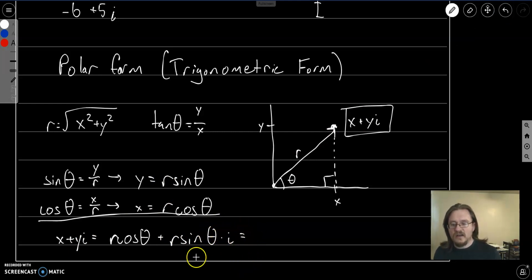And what you'll notice is that both of these have a factor of r in there. So if I pull that out, I can write this as r cosine theta plus, and again, because I don't want you to think that I'm taking the sine of theta i, I'm going to put the i out front.